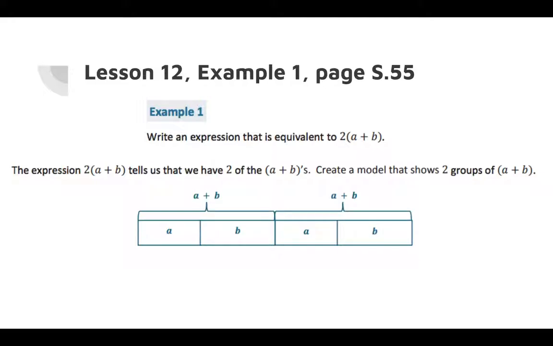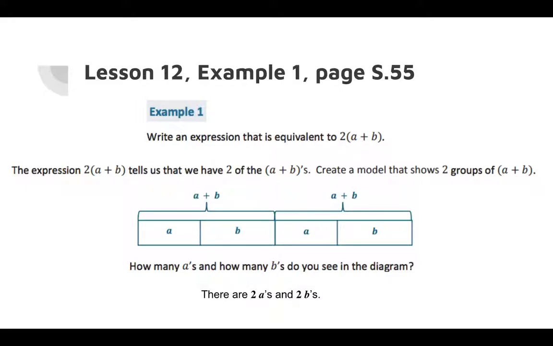And this is what that looks like. So we had this part first, a plus b. We just added another one exactly like it, because we're doing 2 times it, right? Now, how many a's and how many b's do you see in the diagram? I'm sure you came up with 2 a's and 2 b's.